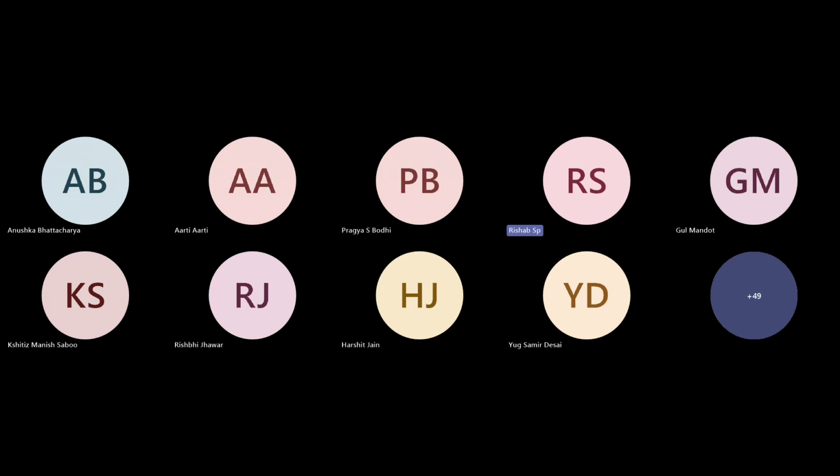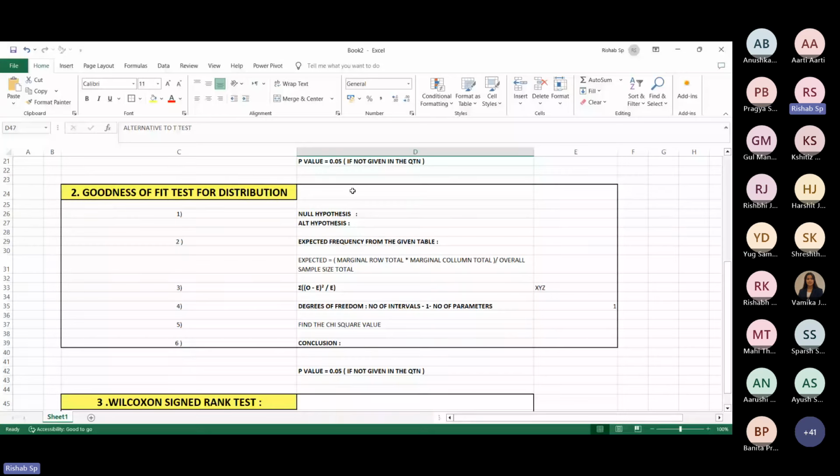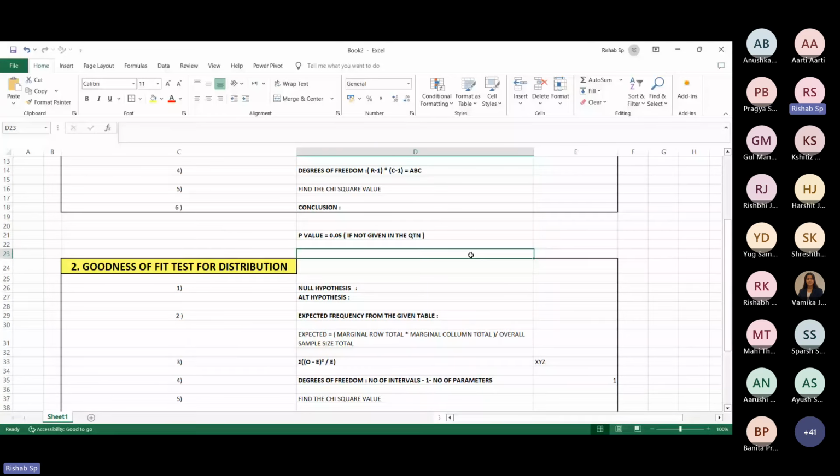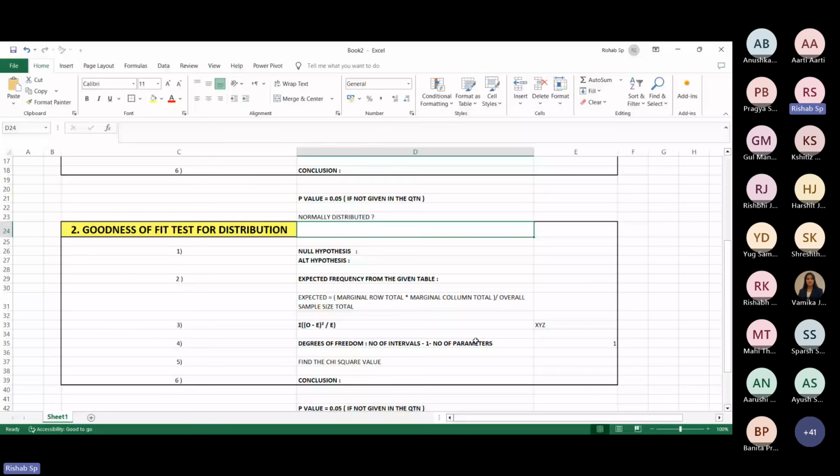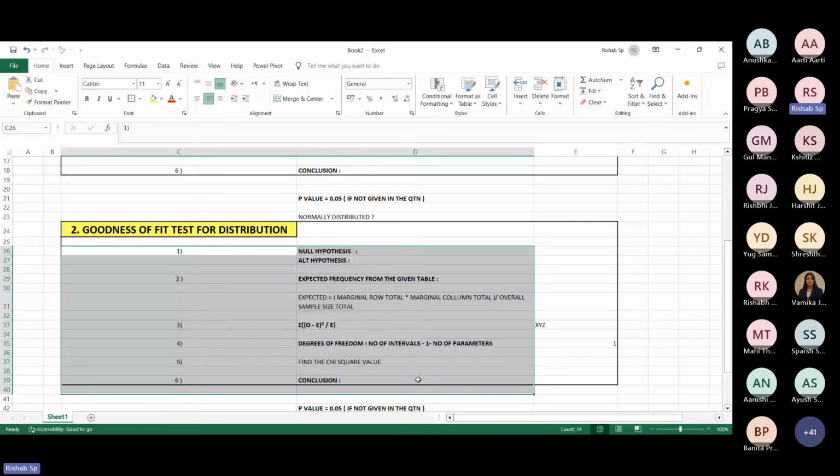The question is to find whether the data is normally distributed. Let's assume we've applied all these 6 steps and made a conclusion that it is not normally distributed. So what's next?